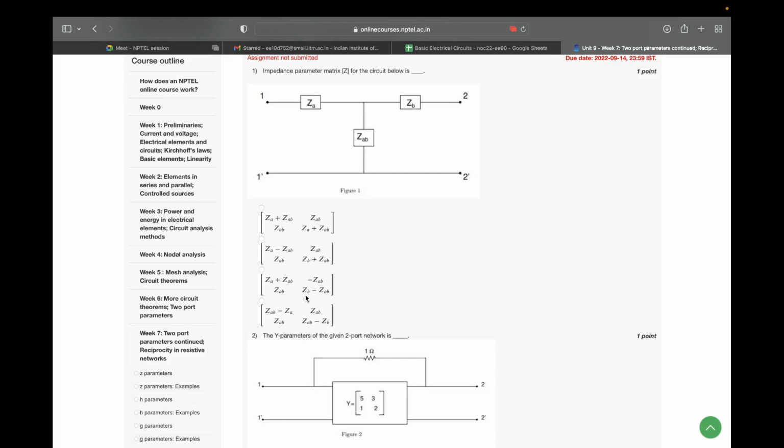Yeah, the first question. You feel there is a doubt that among the options given, one of the options should at least match. Out of these four, none of them match, and there will be only a slight mistake. So first option, fourth, Z22 will be ZB plus ZAB has to come.